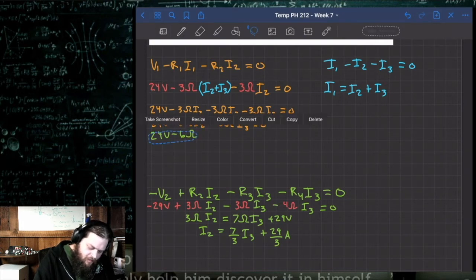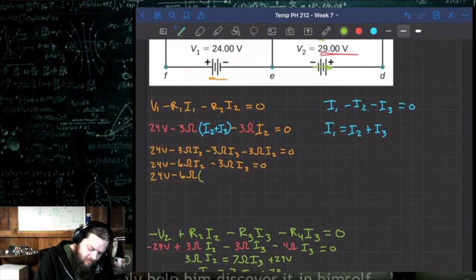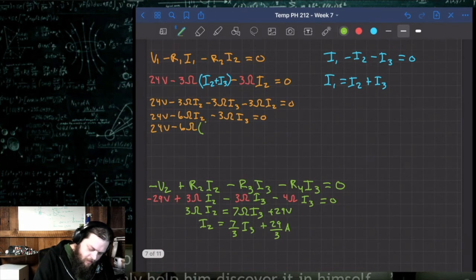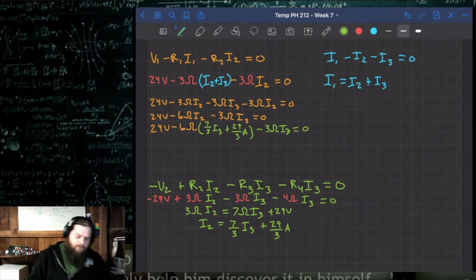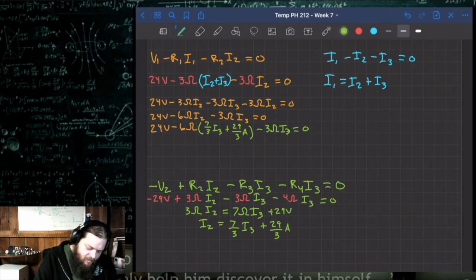Let's change that there, so we can see that I'm substituting in for I2 my 7/3 I3 plus 29 over 3 amps, minus the 3 ohms I3, which is equal to 0. Now I can do some distribution there and see what we get.